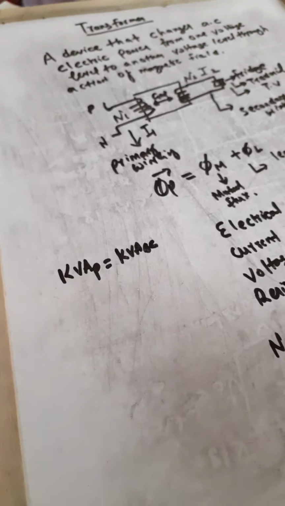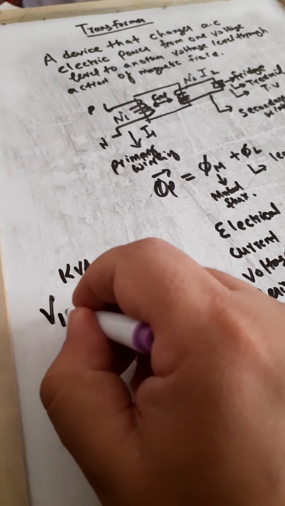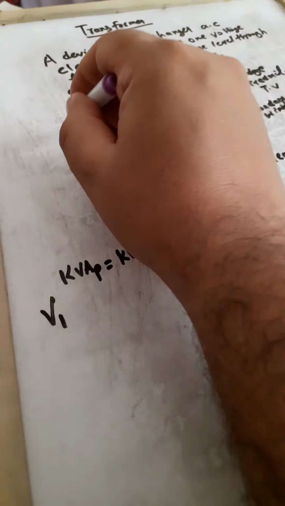The kVA of primary is voltage of primary, V1, times I1, and the voltage of secondary is V2. I am denoting primary as 1 and secondary as 2. So V1 I1 should be equal to V2 I2. Again you can see V1 by V2 is equal to I2 by I1.